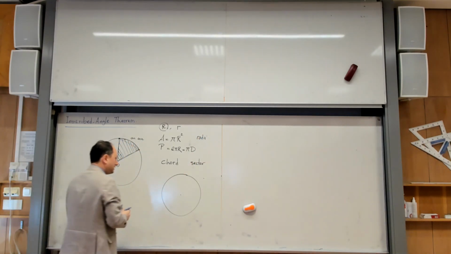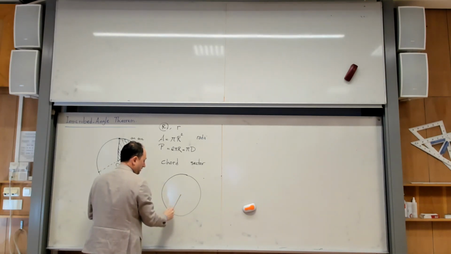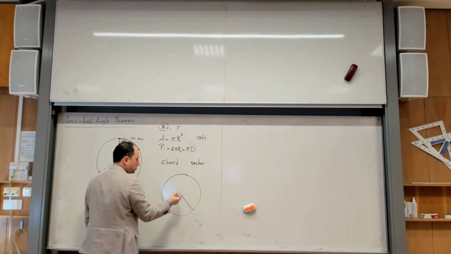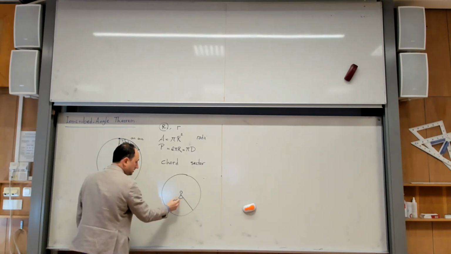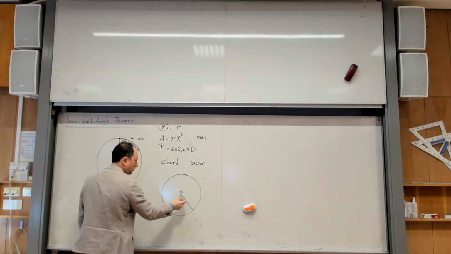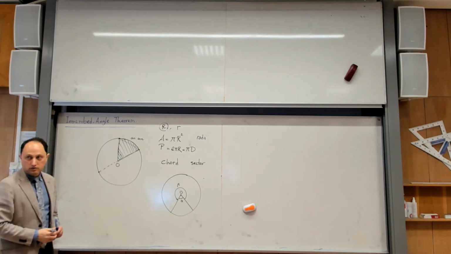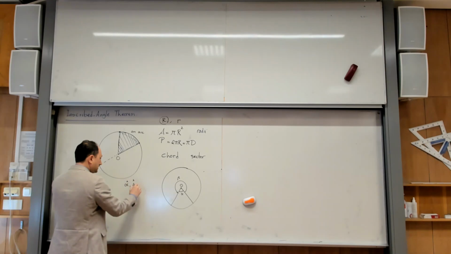If I take two radii from the circle, these two radii make two angles for me, but be careful: the vertex I am considering is the center. This angle, let me call it alpha, and the bigger angle, let me call it beta. These two angles are called central angles. Alpha and beta, central angles.